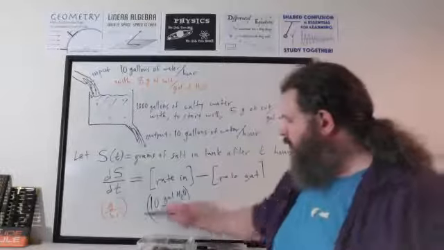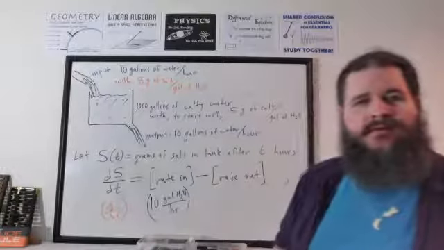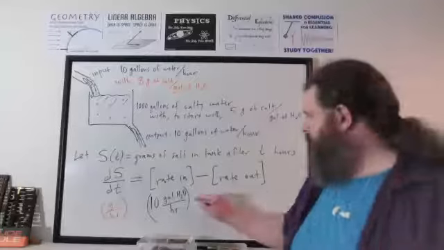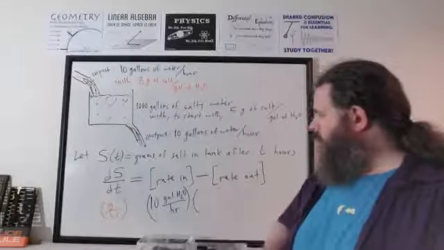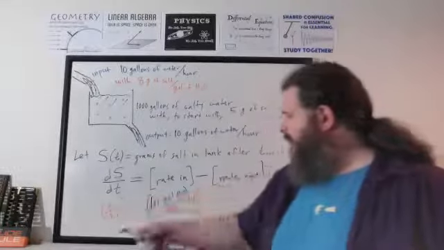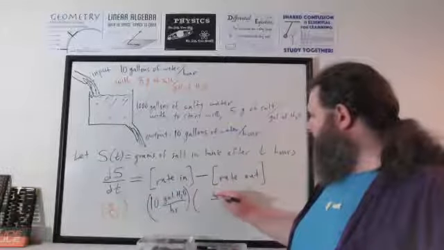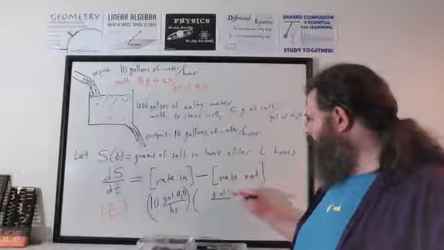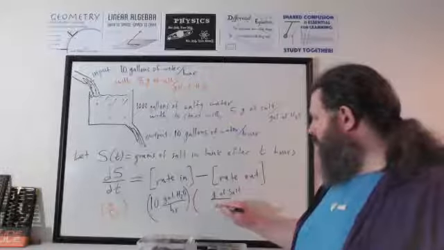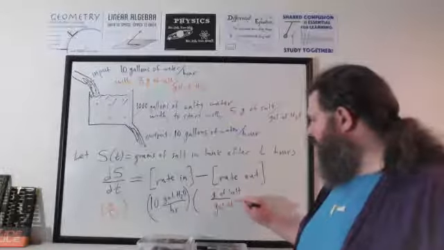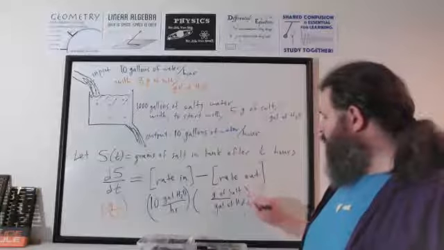We want to keep hours, right? Yeah, we could multiply by grams of salt per gallon of water, because we want to introduce grams of salt but cancel out gallons of water. So we're going to need to multiply by grams of salt over gallons of water.